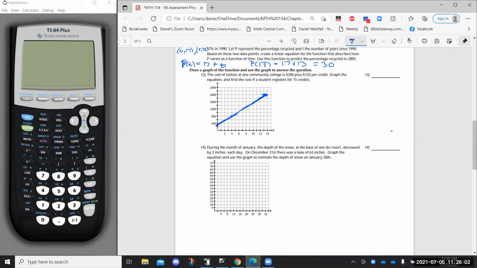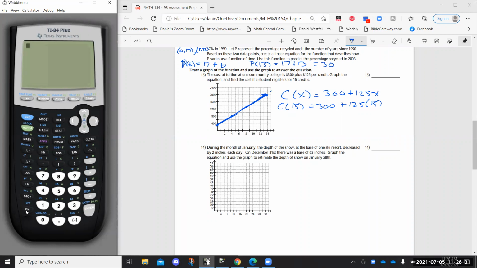So our function here for their cost is going to be $300 plus 125x. C of 15 is going to be 300 plus 125 times 15. We can guess over here that it's probably going to be about 2,200. Let's see if that's a good guess.